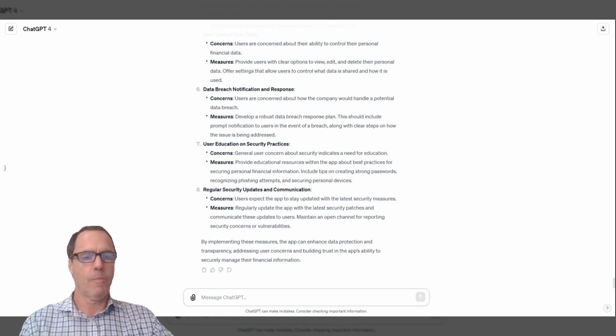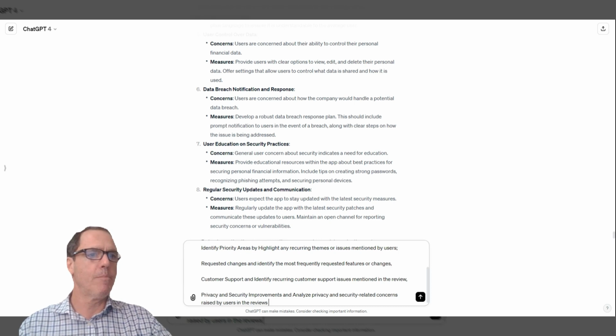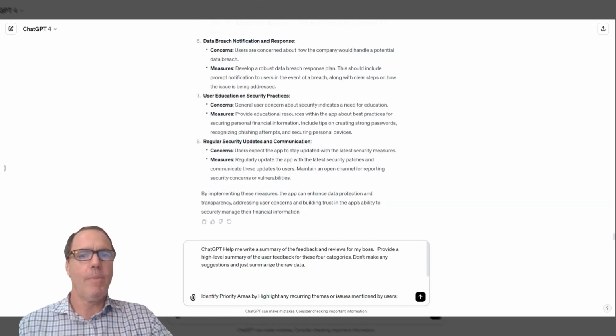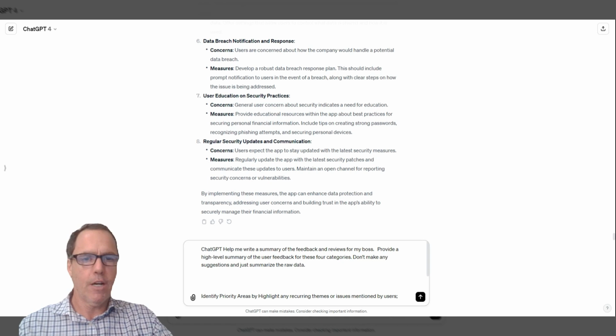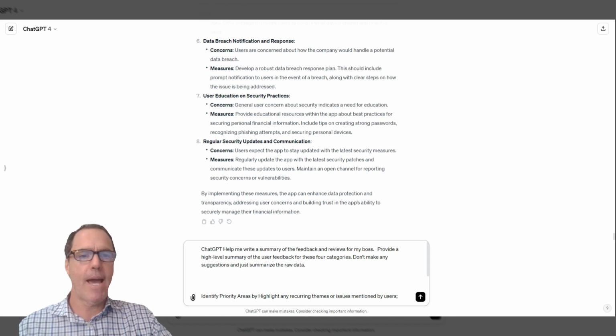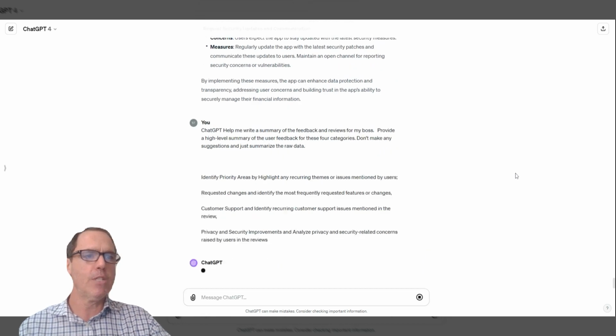So let's give it a prompt and let's tell it, help me write a summary of the feedback and reviews for my boss. Provide a high-level summary of user feedback for these 4 categories. Don't make any suggestions and just summarize the raw data. And we're saying identify priority areas, requested changes, customer support, privacy and security improvements. So just tell me about the actual reviews and feedback that came back in those areas.